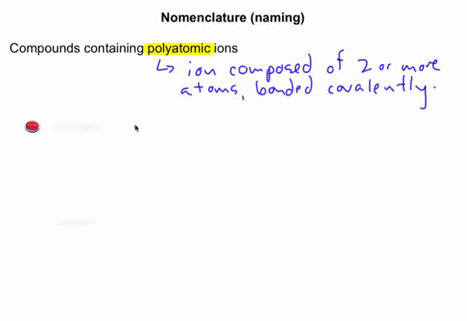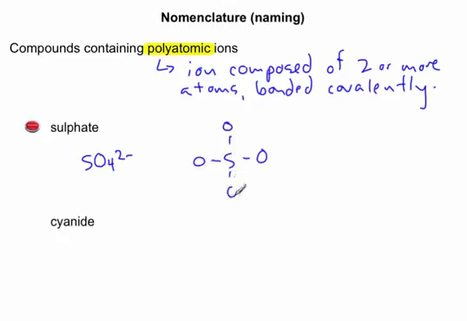Alright, so you are familiar with some of these, I'm sure, from previous years. Let's just have a quick look at them. So sulfate is an SO4 2- formula. So that's the formula for the sulfate ion. If I was to do a quick Lewis structure, excluding most of the lone pairs of electrons, that Lewis structure would look like this. And so this is what is kind of important in terms of these polyatomic ions. These single dashed lines, there's 4 of them.